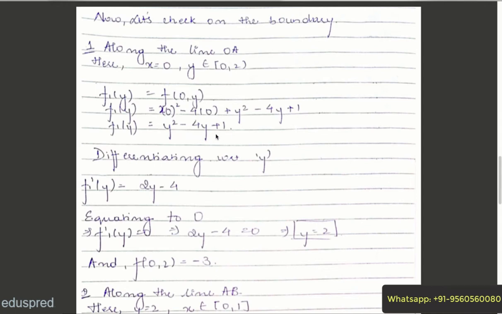Now differentiating it with respect to y, I will get 2y - 4, and equating it to 0, I get y = 2. So here the critical point is (0, 2) and, as we have already calculated before, the function takes a value of -3 at the point (0, 2).